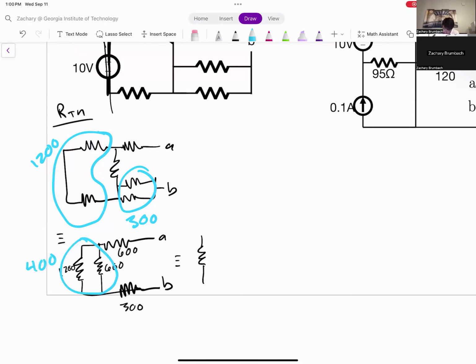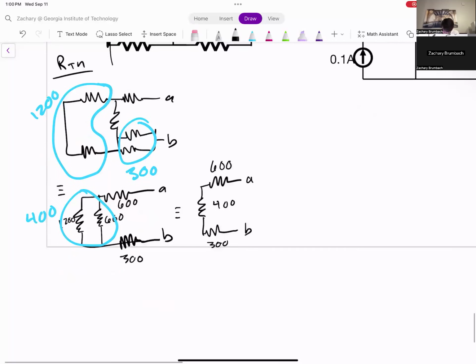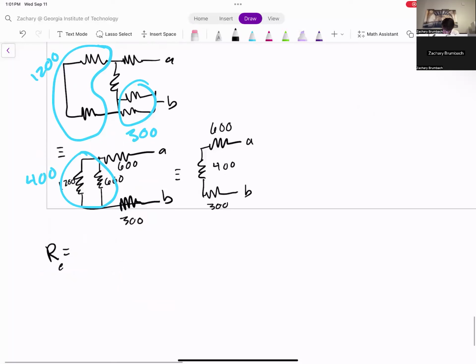This becomes 400 ohms. This becomes 400. This was and stays 600. This was 300 from A to B. And now the equivalent resistance, our R Thevenin, is equal to, these three are in series, so we add them, so they become 1300 ohms.